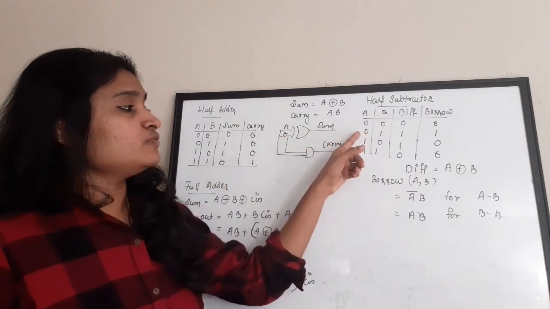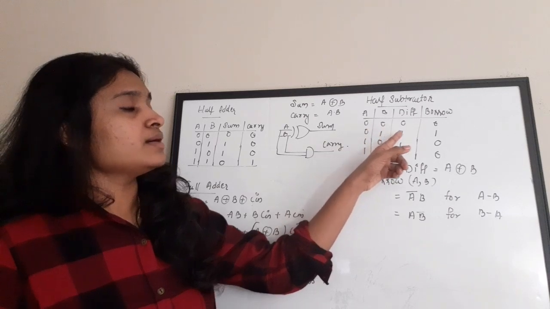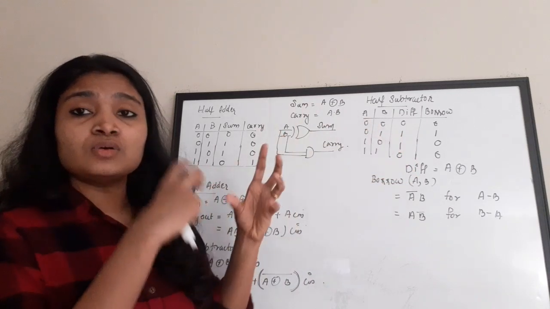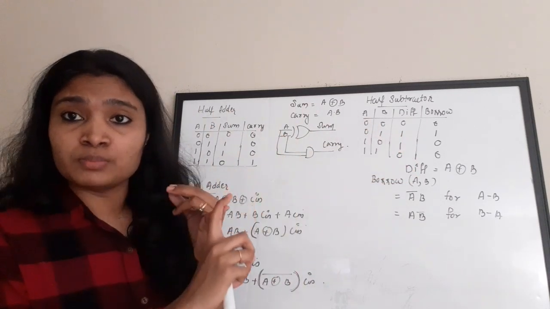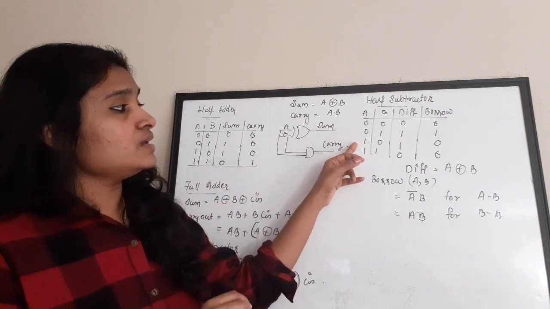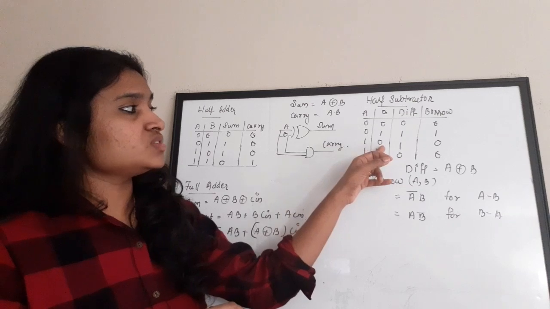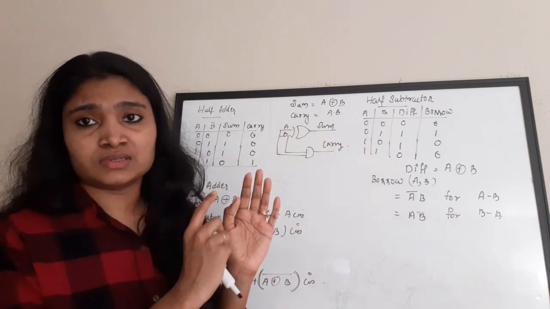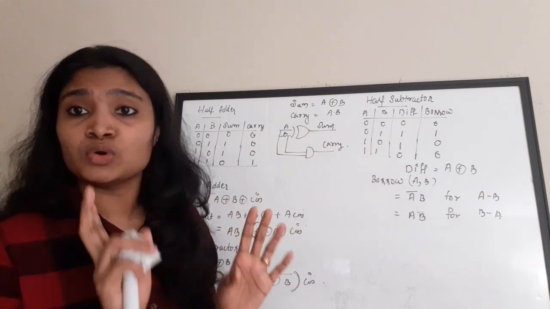Again, if A is 0, B is 1, the difference is 0 minus 1, difference is 1, borrow is 1. Then if A is 1, B is 0, that means 1 minus 0, so difference is 1, borrow is 0.